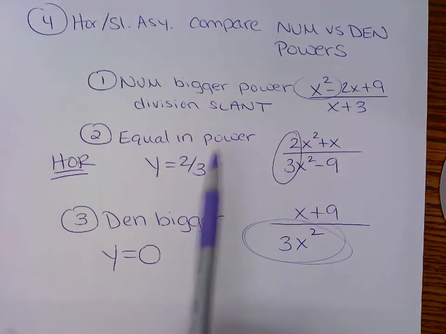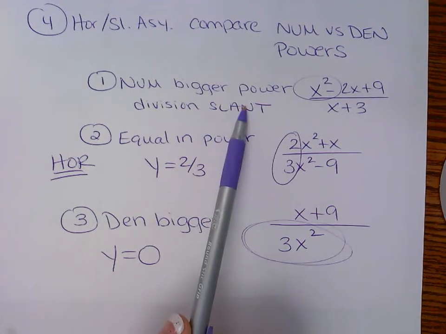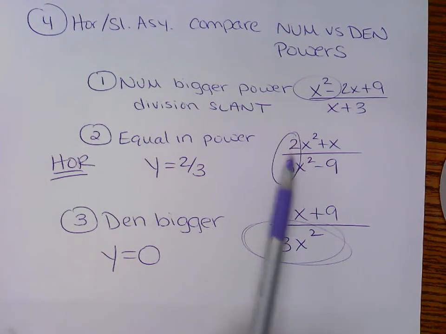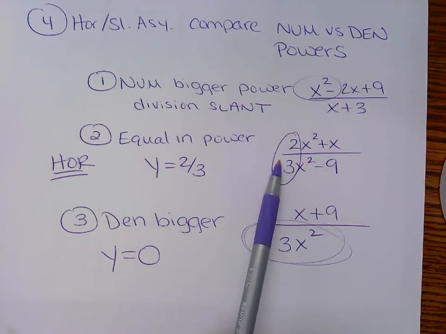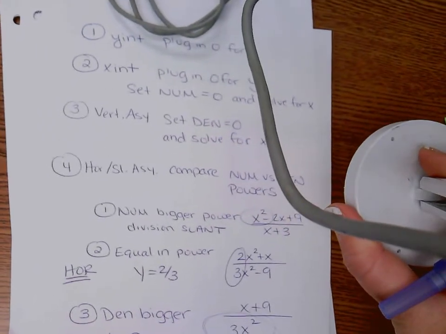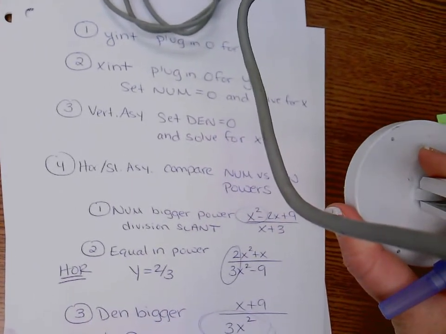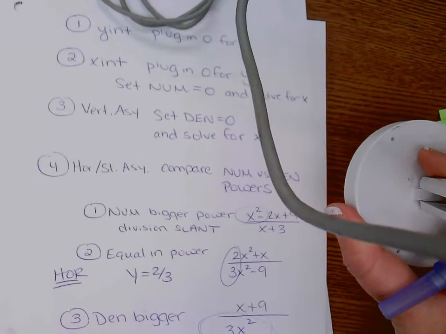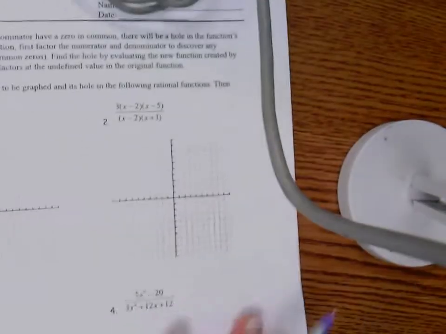So you're either going to do division to find your slant asymptote, strip the coefficients in front of those biggest powers, or the denominator blows up and you have a horizontal asymptote at 0. To me, this is what makes rational functions challenging, this 4-step rule. But if you do it in the same order each time, hopefully you'll be able to memorize that, is my hope.